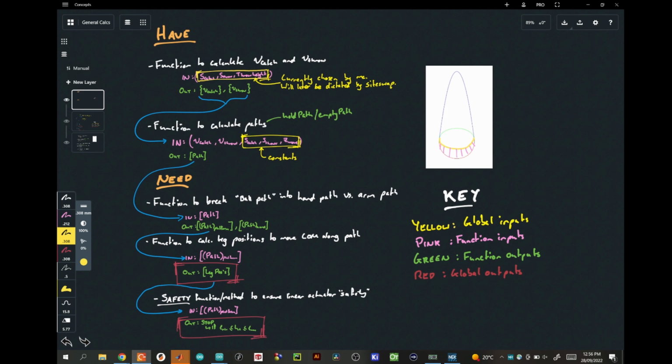Then through these 5 functions, we will end up with the positions that the legs need to be in to actually achieve that throw, as well as a safety function to make sure that nothing dies. So at the end of the day, I'll be able to put in the throw height and I will get out movement for the legs. So this will hopefully achieve what I want.